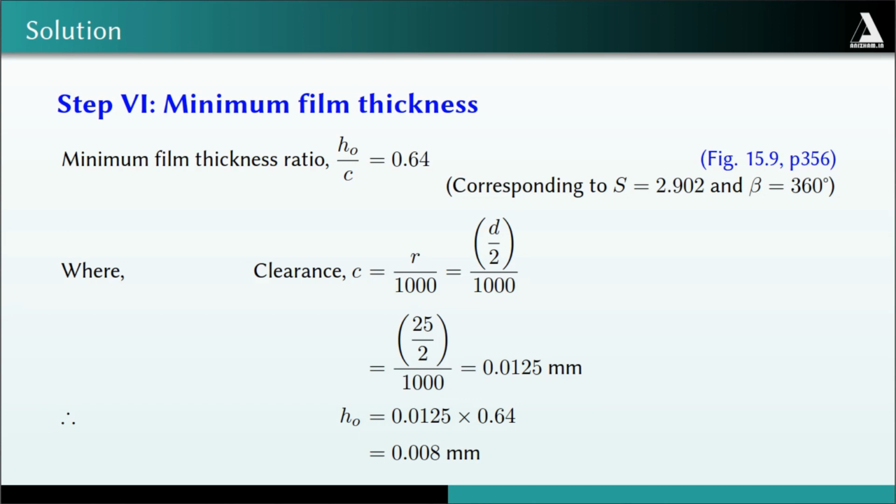D is 25 millimeter. So we obtain clearance as 0.0125 millimeter. Substituting the value of clearance, we obtain minimum film thickness H0 as 0.0125 into 0.64, that is 0.008 millimeter.